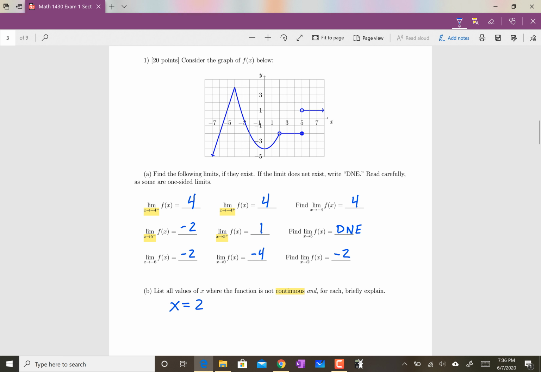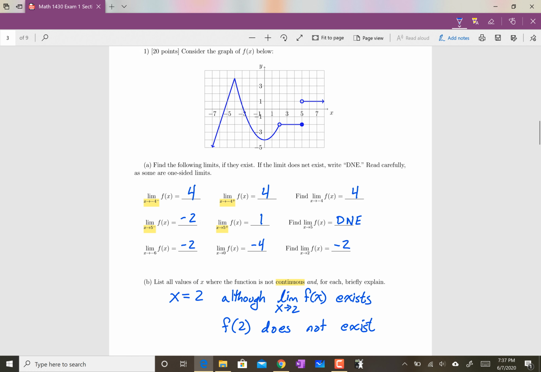At x equals 2, although the limit as x goes to 2 of f of x exists, and we know it exists because above we found the value was -2, in fact, f of 2 itself does not exist. And hopefully you remember, in order to be continuous, the limit has to exist, the function value has to exist, and they must be the same value.